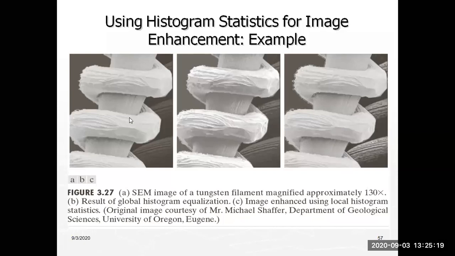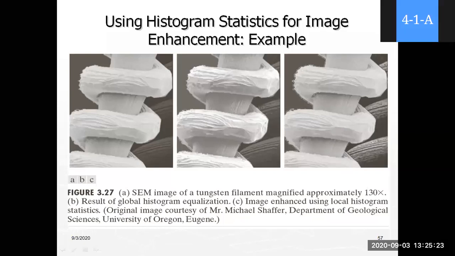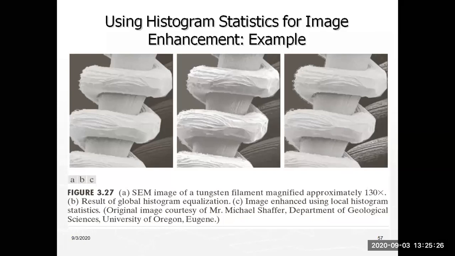The first one is the original image, the second is global histogram or the normal equalization process, simply with the help of a transformation function. But for the third one there are two formulas: mean and variance, that too neighborhood operations. After using neighborhood operations and image statistics, we can have this third one, that is C.